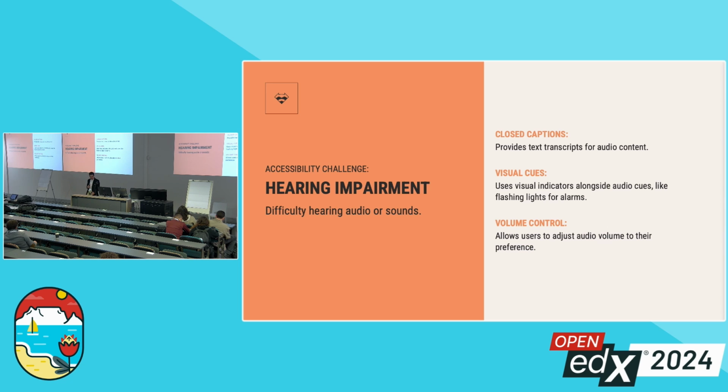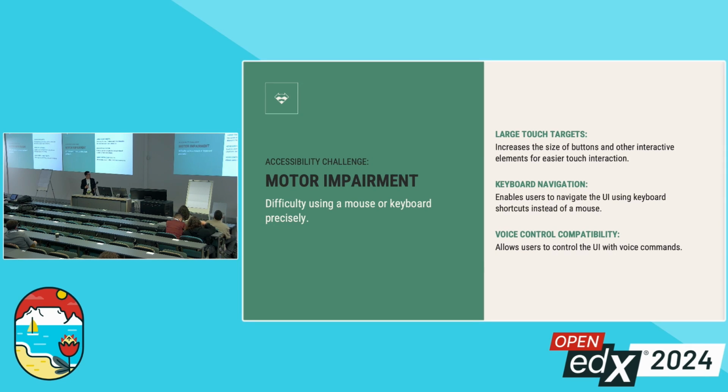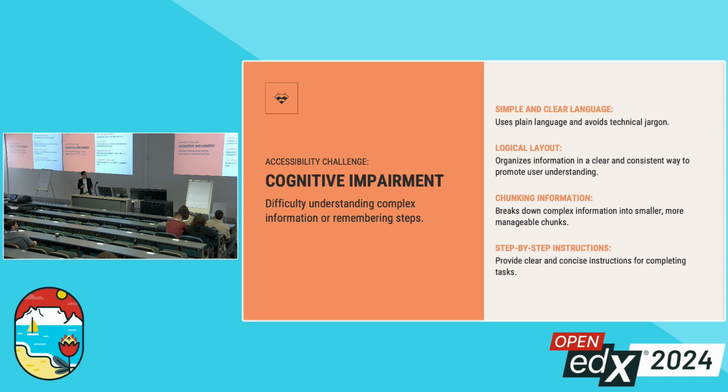For those with hearing impairments, closed captions and visual cues alongside audio information become crucial. Limited dexterity shouldn't limit access. Large touch targets, keyboard navigation, and even voice control compatibility empower everyone to interact effectively. Finally, clear and concise language, logical information organization, and breaking down complex tasks make technology more user-friendly for people with cognitive disabilities.